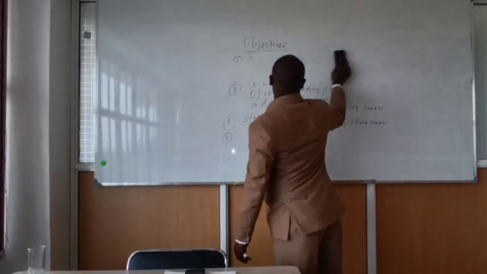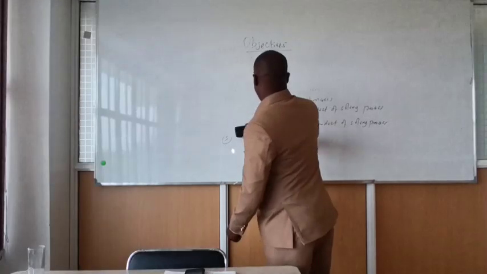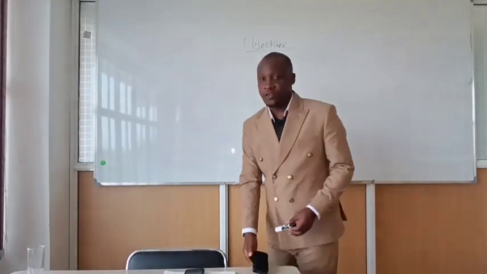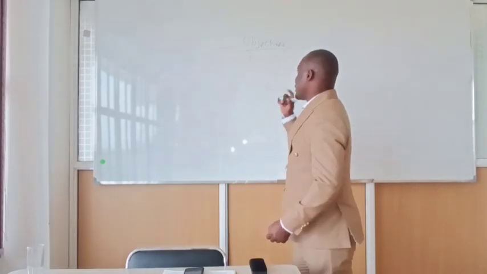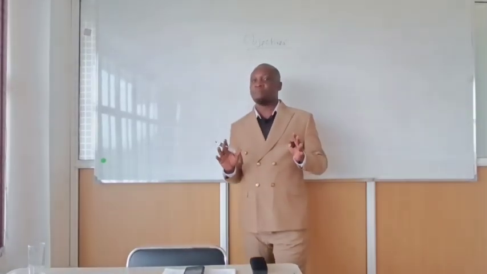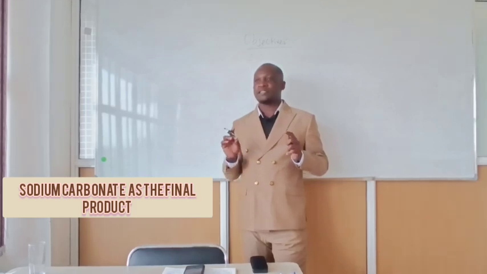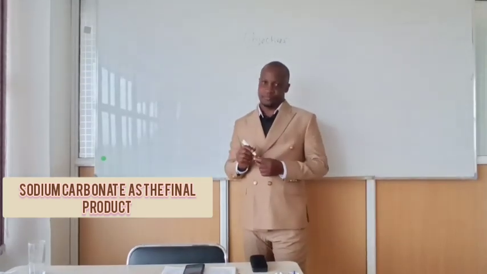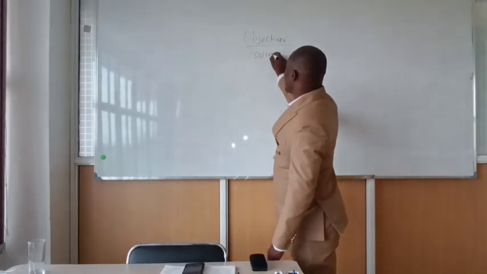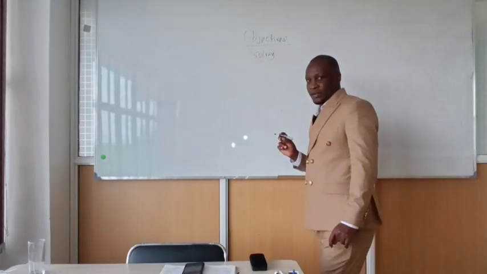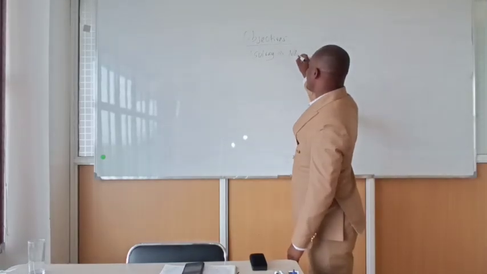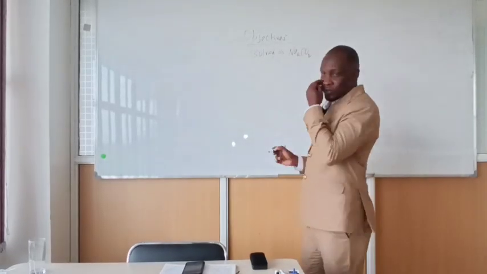So, defining the Solvay process. The Solvay process is an industrial process that leads to the manufacture of sodium carbonate as the final product. So what we are manufacturing in the Solvay process is sodium carbonate.